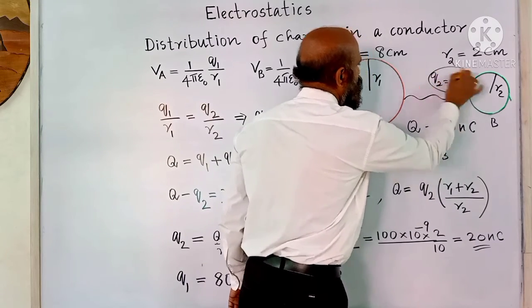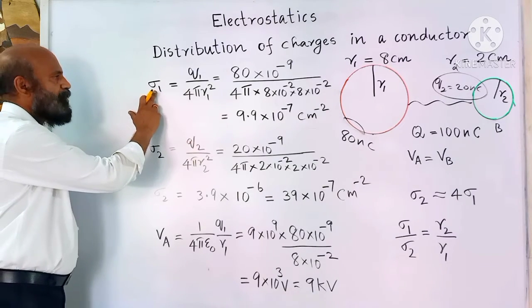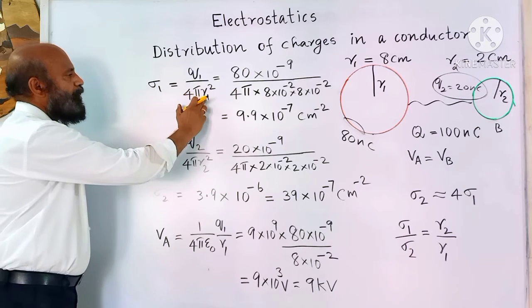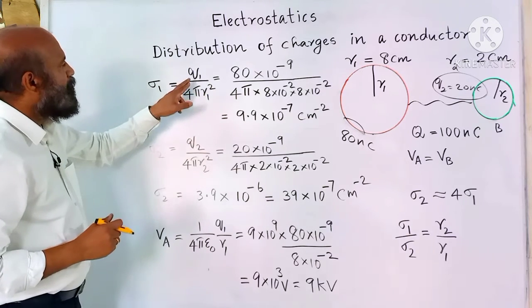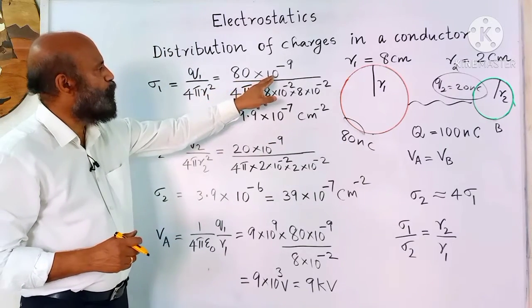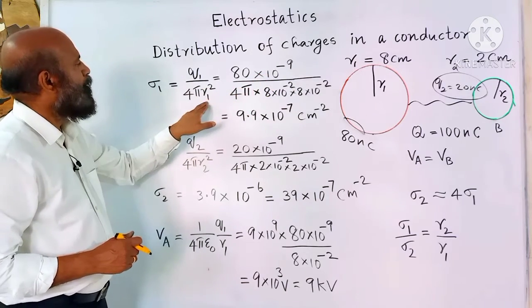that is 20 nanocoulomb. Charge density on the surface of the first sphere is sigma 1. Sigma 1 is Q1 divided by 4 pi R1 square. Charge on the first sphere is 80 nanocoulomb, so 80 into 10 raised to minus 9. Then 4 pi.